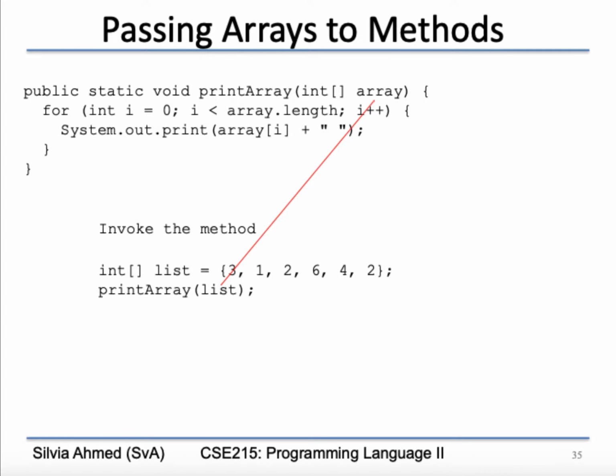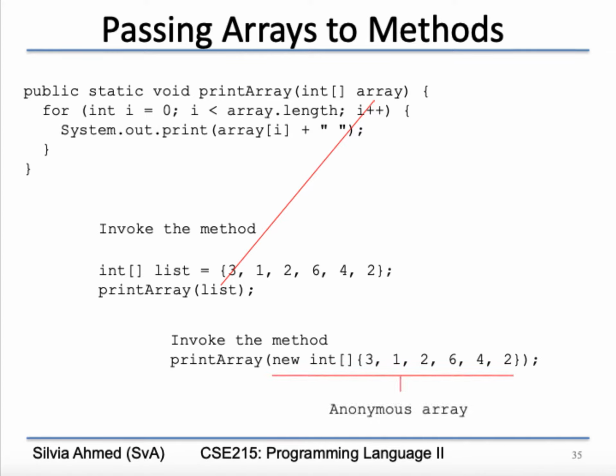There's another way to do this: printArray, then inside the parentheses we directly create the array and pass it. This type of array declaration is called an anonymous array. It is called anonymous because if you look carefully, we are not storing the address of this array anywhere.